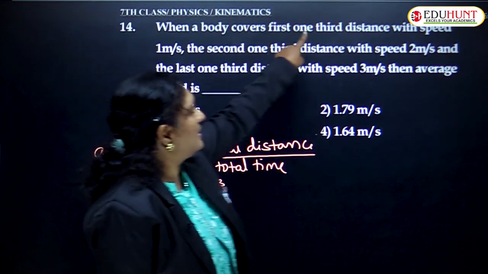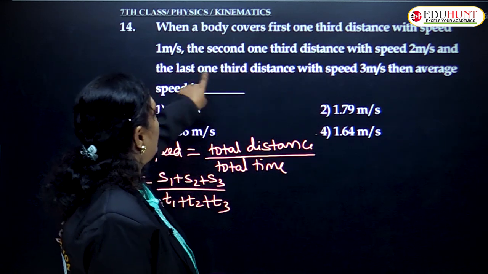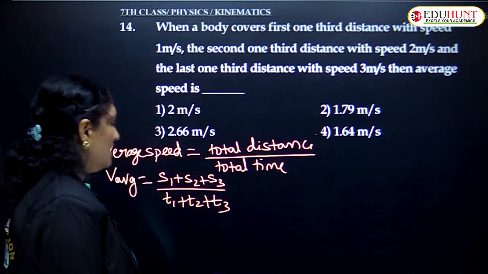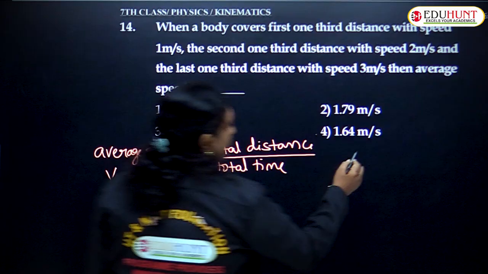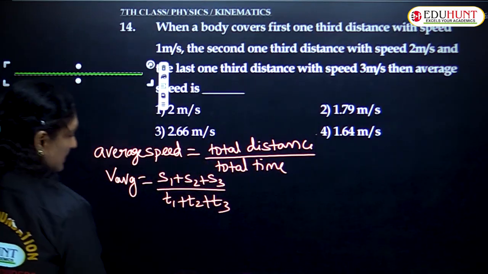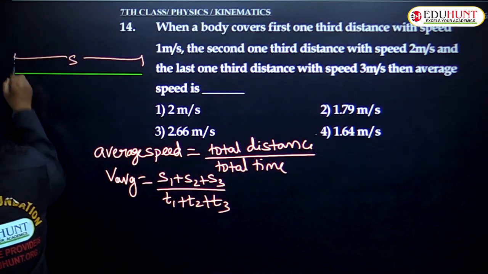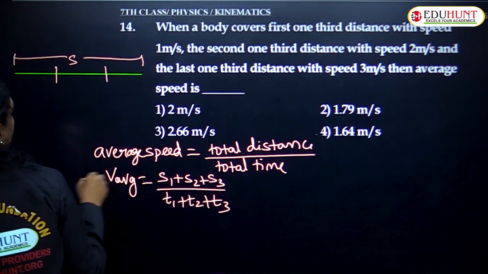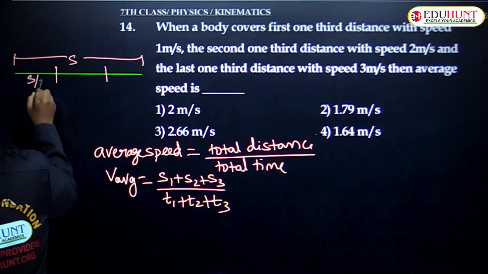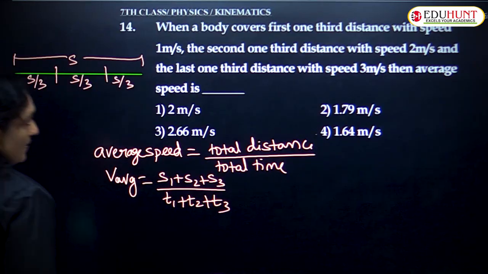Here, 1/3 distance, second 1/3 distance and last 1/3 distance. If you suppose the total distance to be S, then 1/3 means this will be divided into 3 equal parts. This will become S by 3, S by 3 and this is also S by 3.